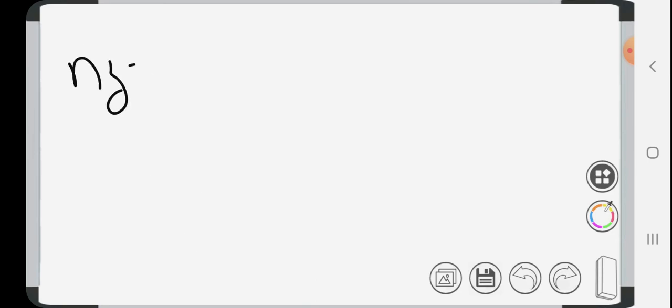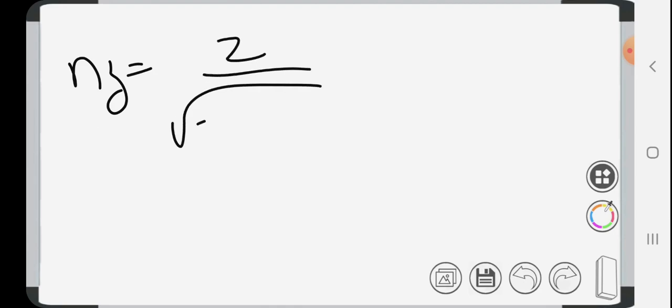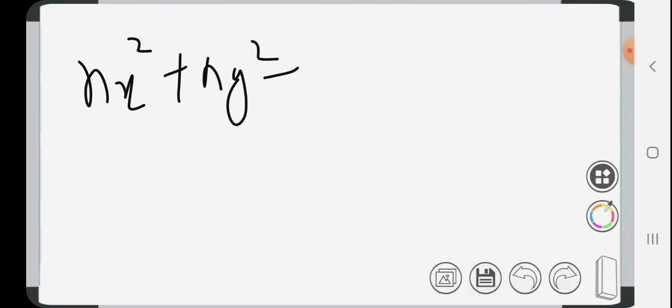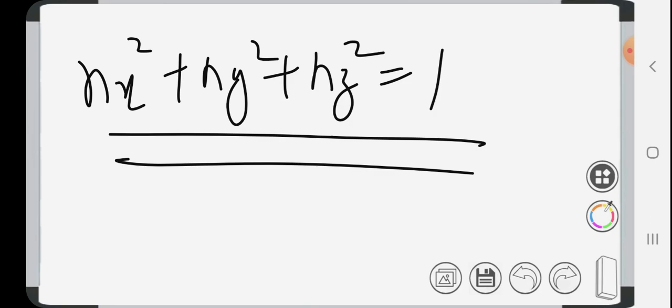Similarly, nz equals z by root of x square plus y square plus z square. So students, if you add nx square plus ny square plus nz square, it should be 1. So these properties you should know.